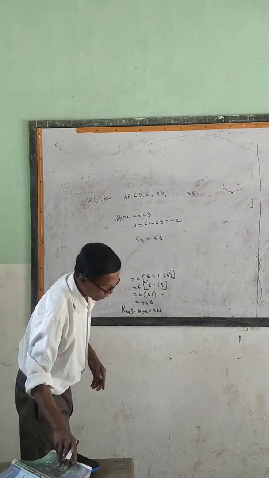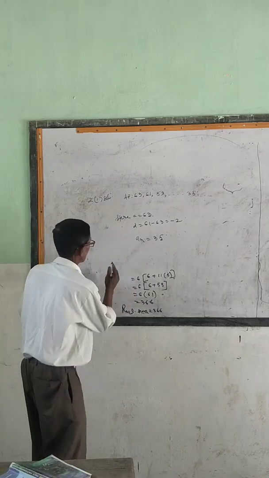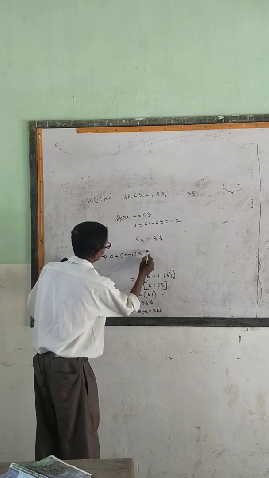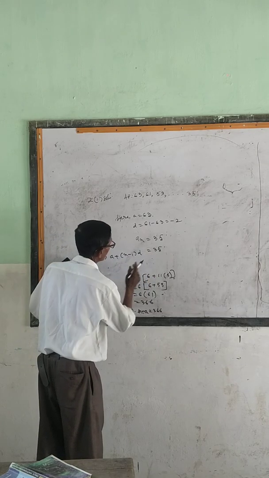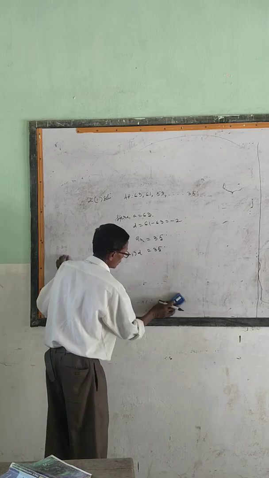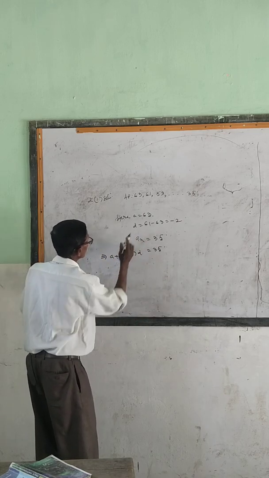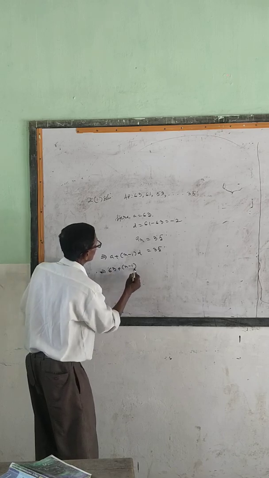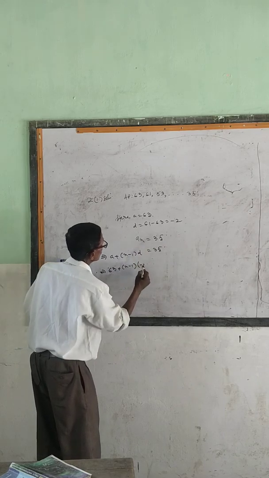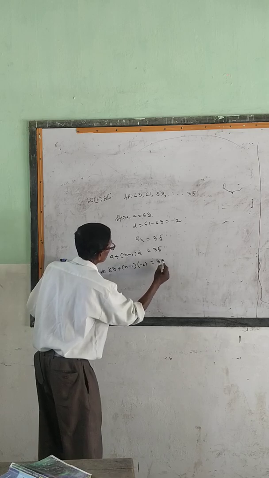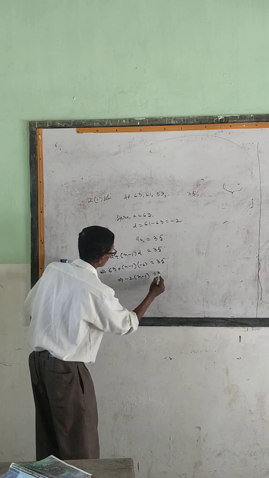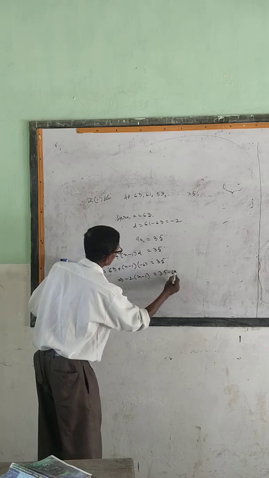We know that the formula of an implies A plus (n minus 1)d equal to 35. A means 63. 63 plus (n minus 1) times d, how much? This is minus 2. Implies minus 2 (n minus 1) equal to 35 minus 63.